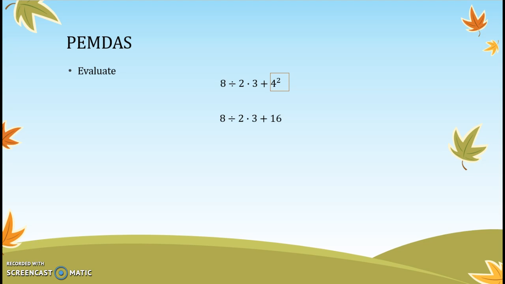Next in PEMDAS comes multiplication and division in order from left to right, so I will tackle 8 divided by 2 first, giving me 4 times 3 plus 16. Now we can do 4 times 3, which is 12, and 12 plus 16 is 28.